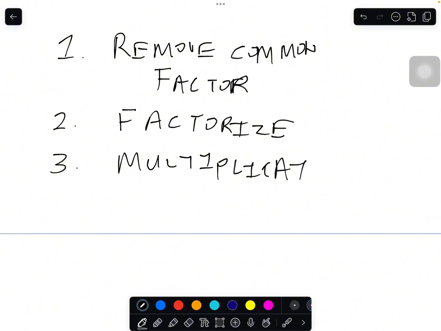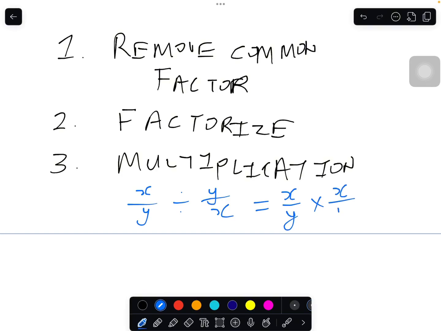So this is in the case where you have a fraction divided by another fraction, and then you must make it be the reciprocal. So we're going to reciprocate here, times x over y, and that'll be x squared over y squared.